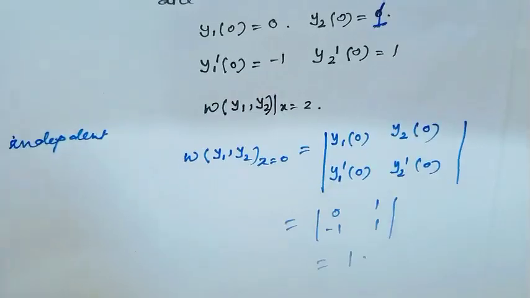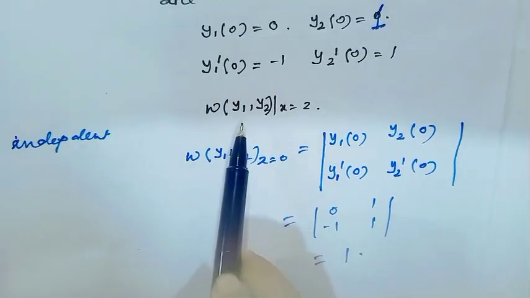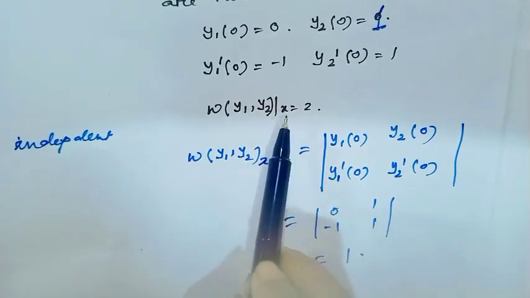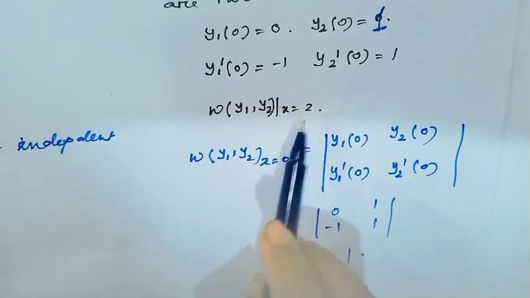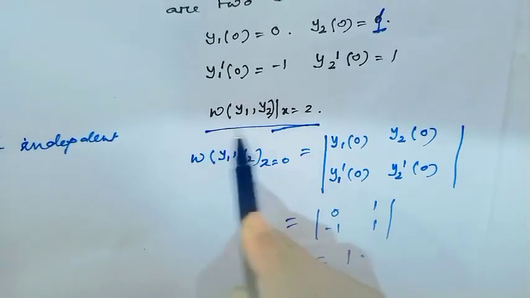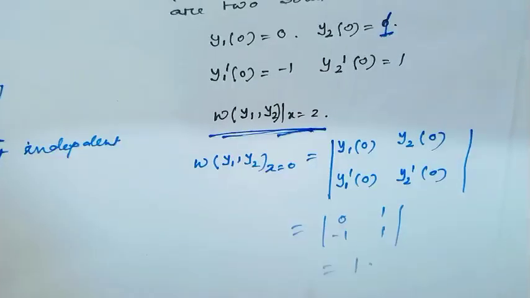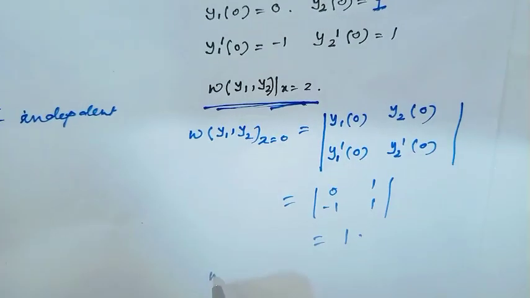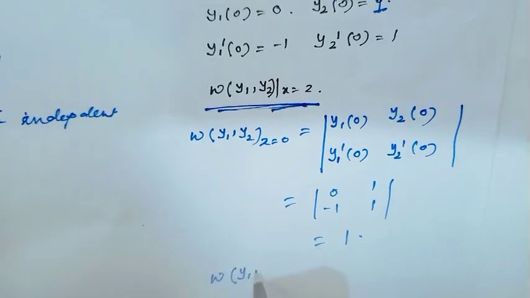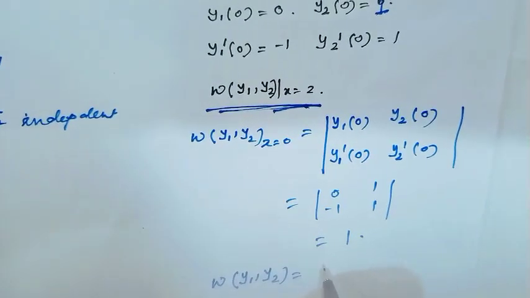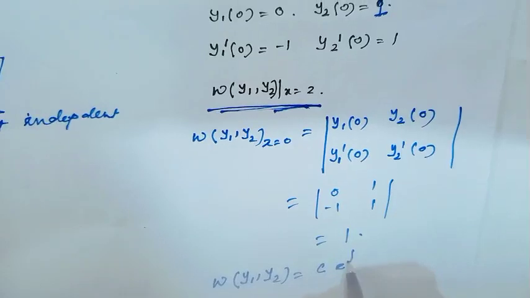But the question asks about the Wronskian of y1, y2 at the point x equal to 2. For this, I will use Abel's theorem, because Abel's theorem tells us the Wronskian of y1, y2 equals c e to the power minus integral of p dx.